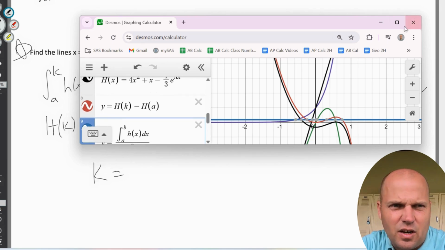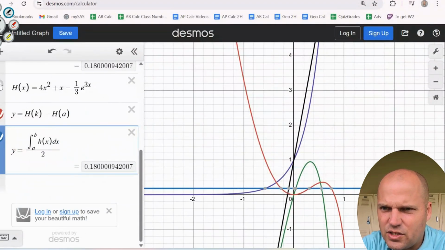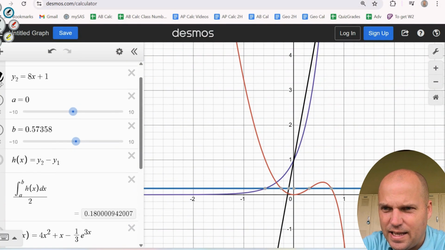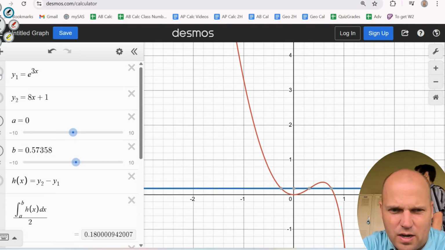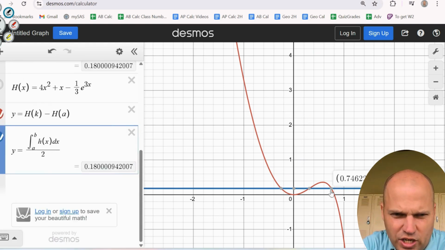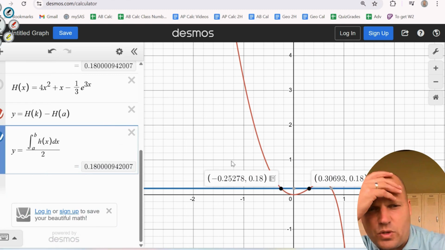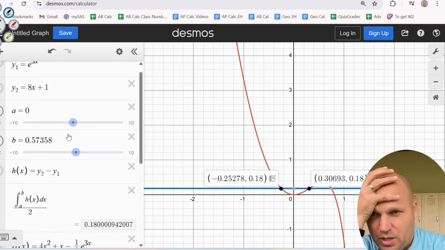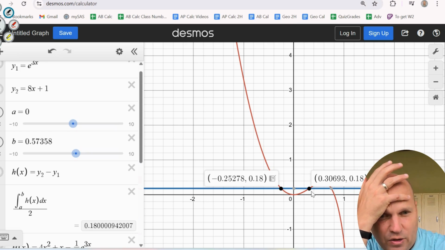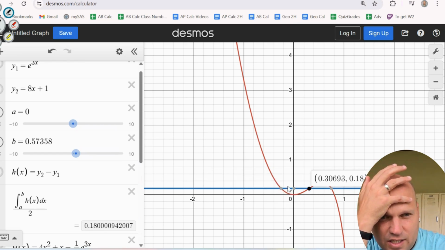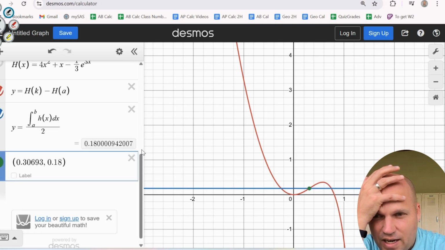Find the intersection of those two. This is a very interesting way to do it, and I like it. Kind of want to do it this way more often. Ooh, got 3 intersections. One of them is going to be in my interval, which is between 0 and, what's b? 0.57. So it's this value right here. It's this 0.30693 value.